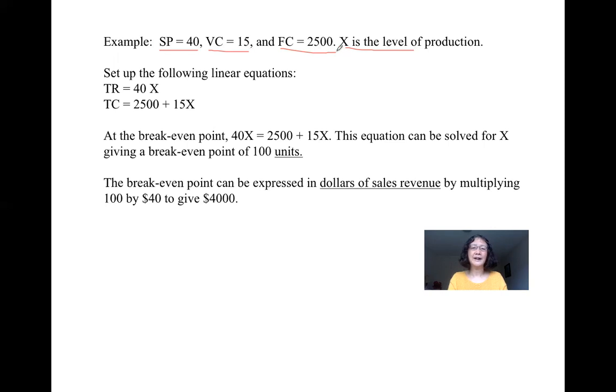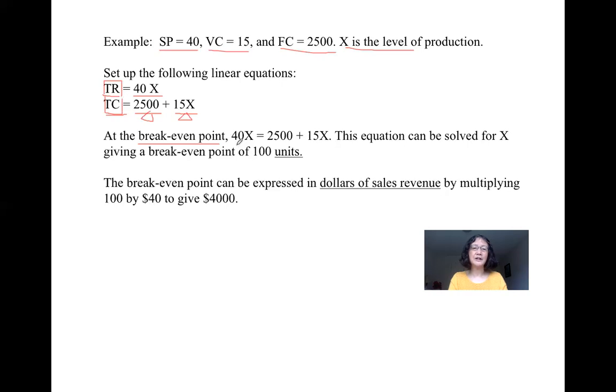So let's represent X as the number of computer desks we need to produce. Total revenue equal to 40 multiplied by X. Total cost equal to fixed cost plus variable cost: fixed cost 2,500, variable cost 15 multiplied by X. At break-even point, you have total revenue equal to total cost.